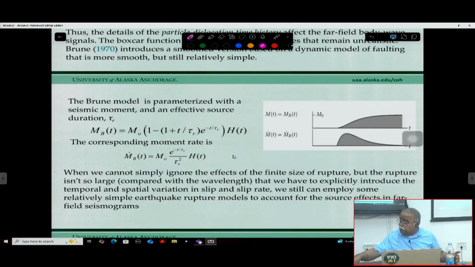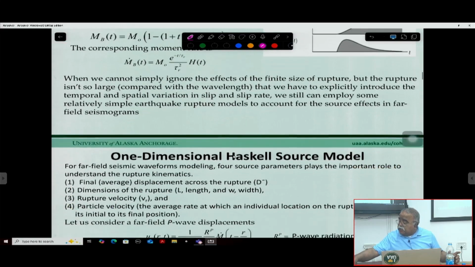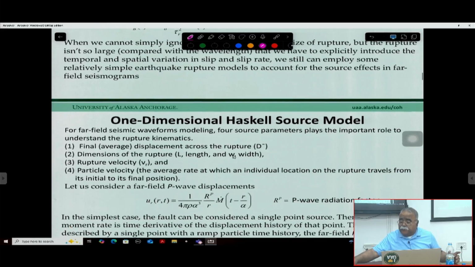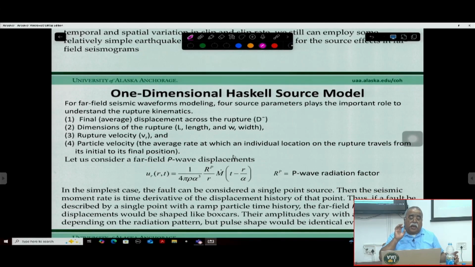Now let us understand this one. We are trying to do the far field expression. Far field means the station distance from the source is relatively large.